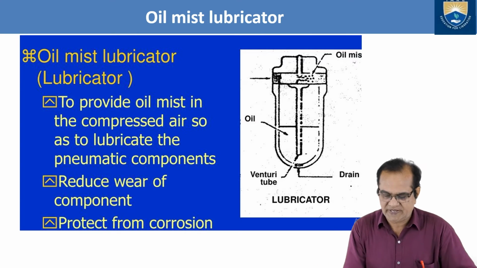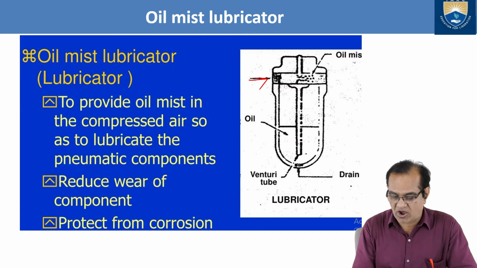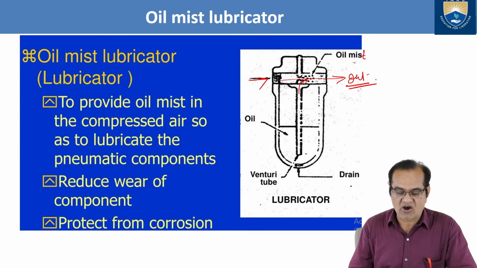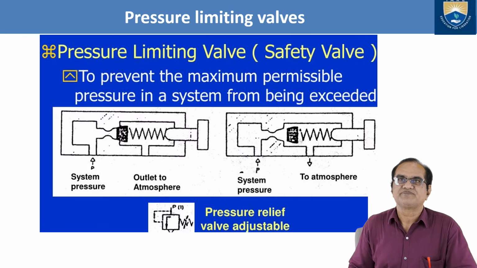You can see here the input, and from here it is oil and it will give the oil mist here. It will spray the oil here and it will go out like this. So it is called the oil mist lubricator. In this way it is working.